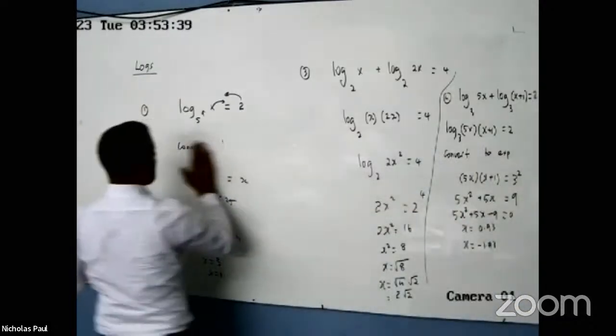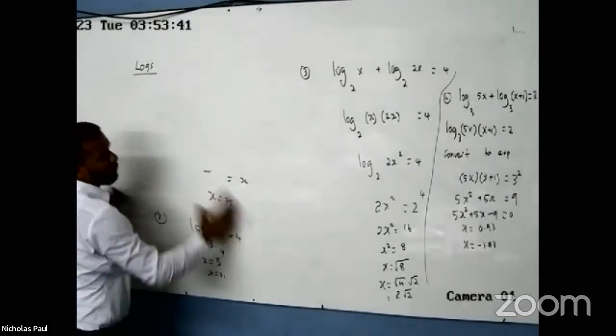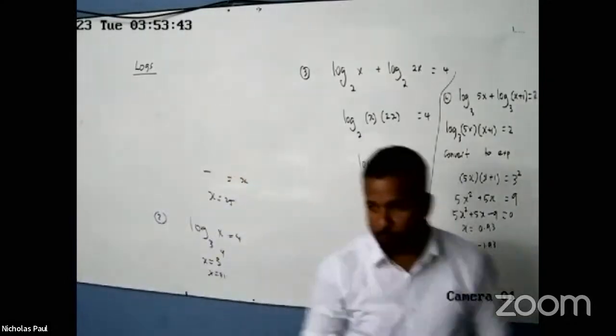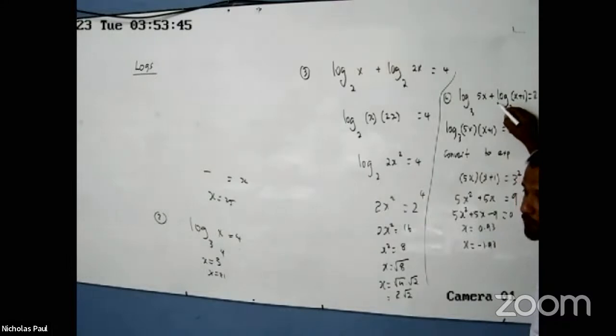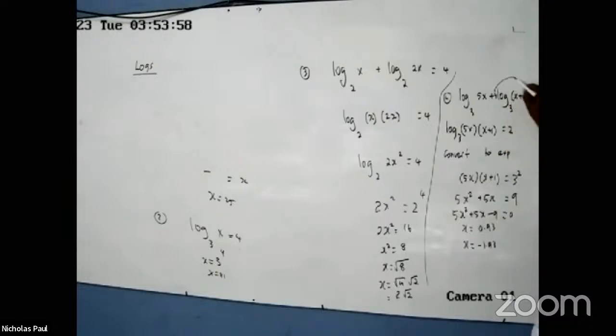So the next thing that we have to do is, oh, a question I was going to ask. Suppose you had a value in front here, like 4. What would you do? If you had a value 4 in front here, you have to put the 4 as the power, right? So if you had a value in front here, you can put the value on top here. So if you had a 3, you can put a 3 on top here.